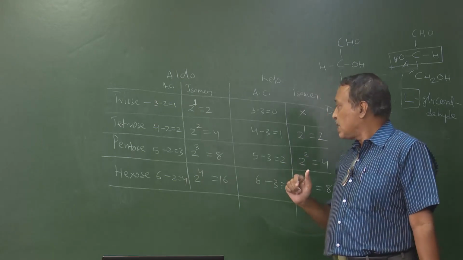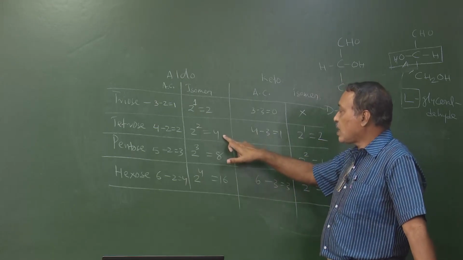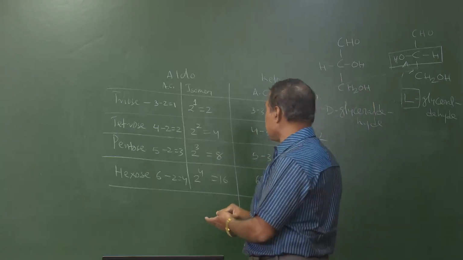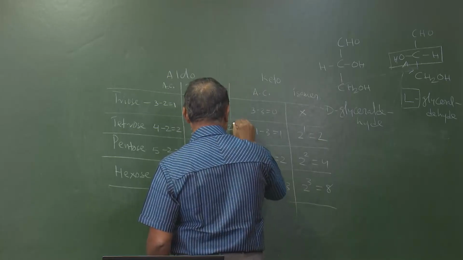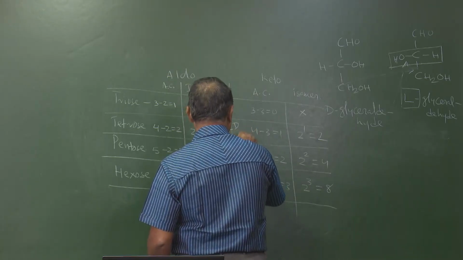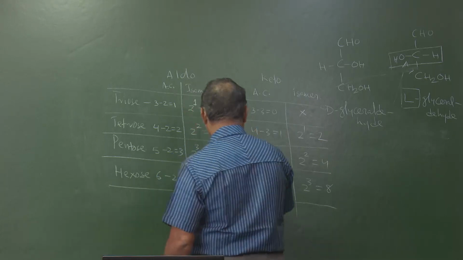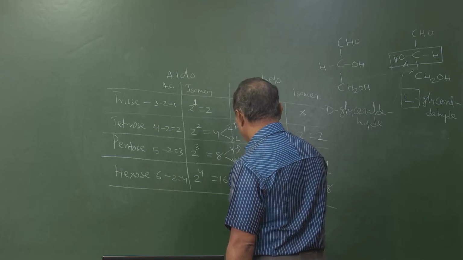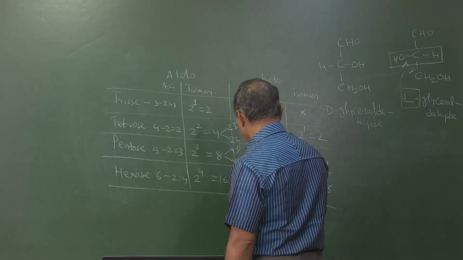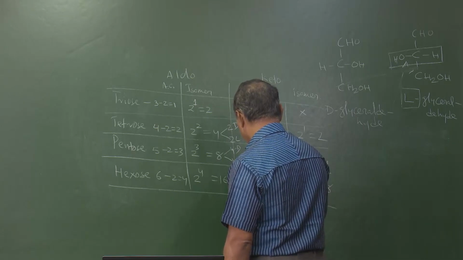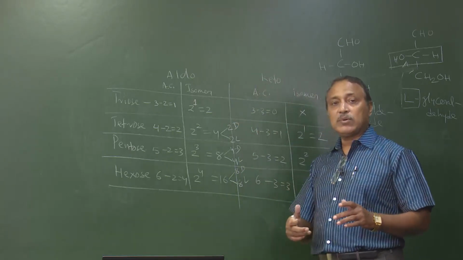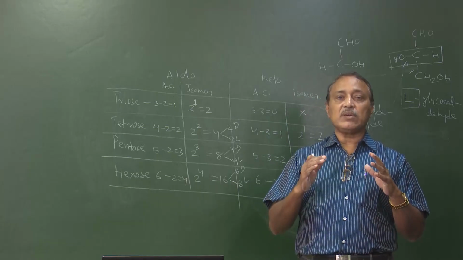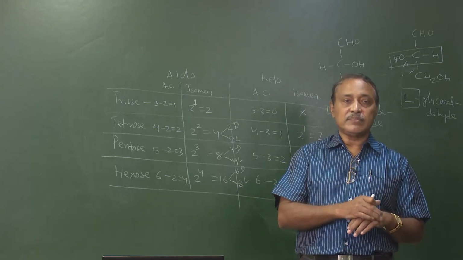Now what happens? Out of these 4, 2 will be D and 2 will be L. Out of these 8 similarly, 4 will be D and 4 will be L. And here 8 will be D and 8 will be L. Now if we know the structure of D, we can know the structure of L. How?